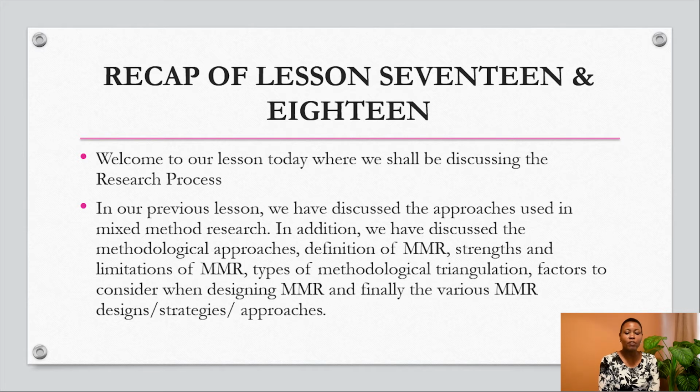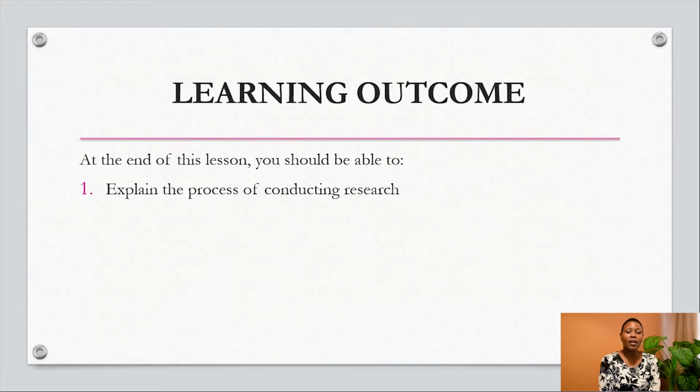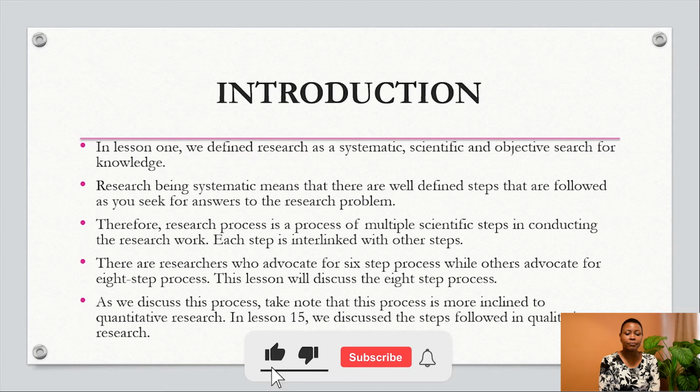In addition, we discussed the methodological approaches, definition of MMR, strength and limitations of MMR, types of methodological triangulation, factors to consider when designing MMR, and finally we looked at the MMR designs, strategies, and approaches. So before we go on in this lesson today, let us familiarize ourselves with the learning outcome. So the outcome is to explain the process of conducting research, and we have said it is conducting quantitative research.